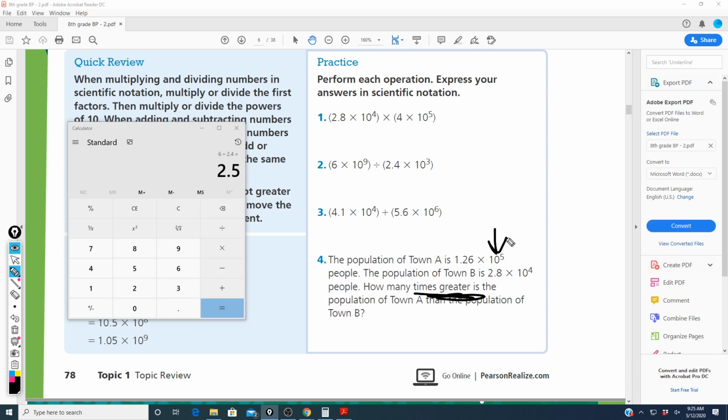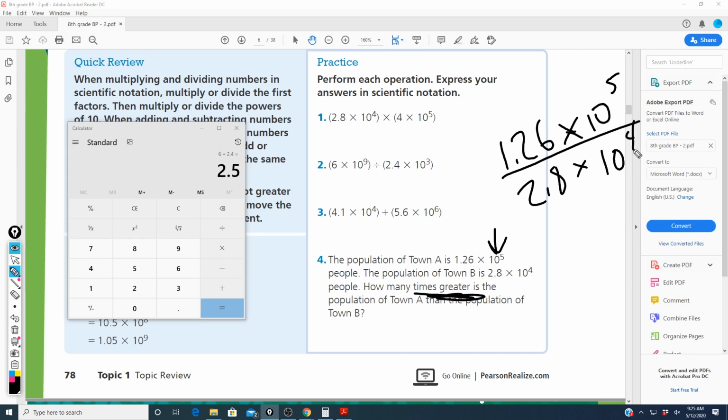This is another division with scientific notation. How many times greater is 1.26 times 10 to the 5th compared with 2.8 times 10 to the 4th in that instance?